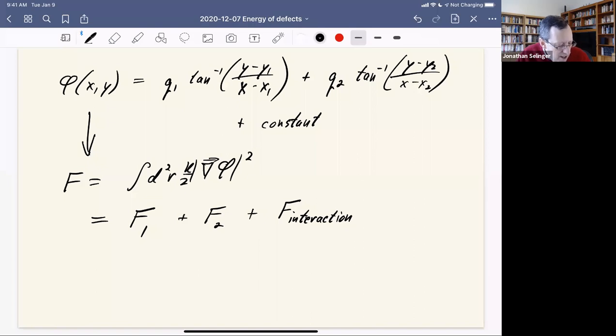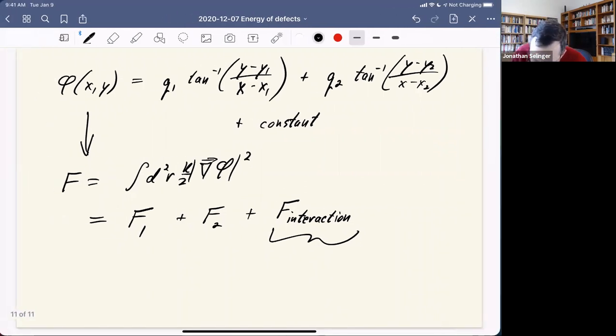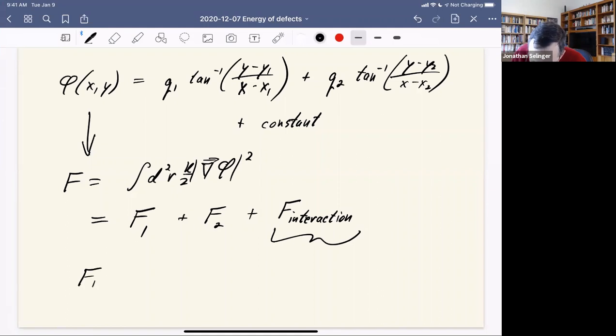I will skip ahead and tell you the answer for what this interaction free energy is, and that's worked out more in the text. The interaction free energy is 2 pi times the Frank constant, times Q1 times Q2.